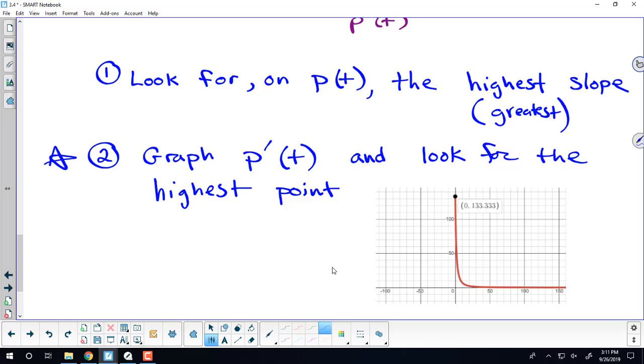So to answer that question: the instantaneous growth rate is the greatest at t equals 0.